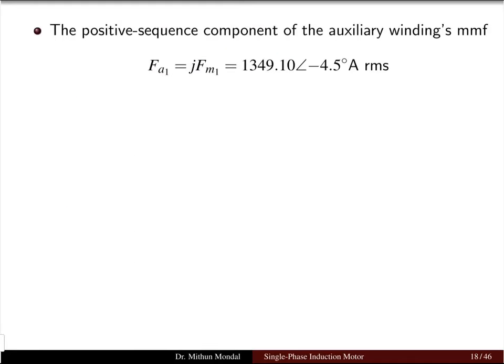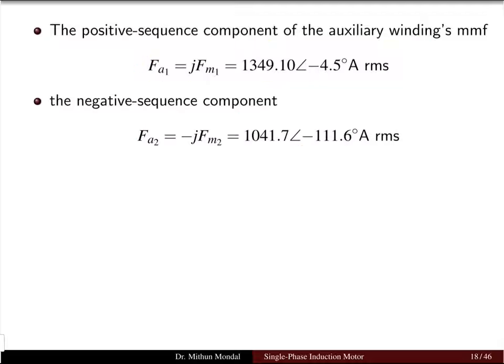The positive sequence component of the auxiliary winding MMF, FA1, we can now obtain as J times FM1. So this is the positive component of the MMF for the auxiliary winding. For the negative component we put a negative sign and use the negative MMF that we have got, and that gives the values for the auxiliary winding.